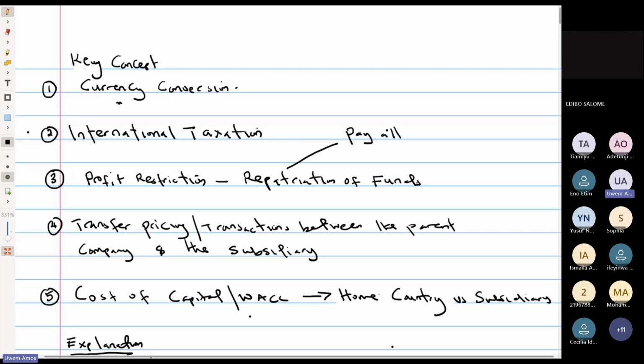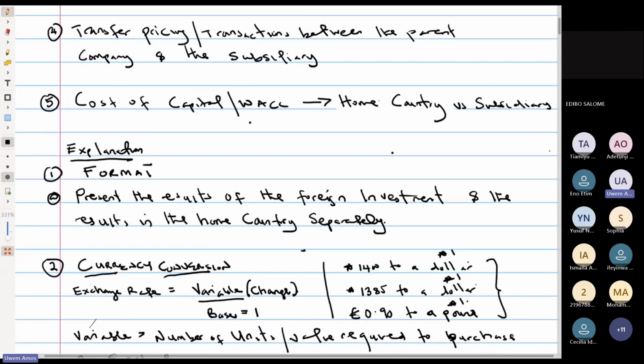So pay attention to if these exist and compute accordingly. Very important. In our question, there's no restriction. It doesn't mention anywhere that there's any restriction in movement of fund.